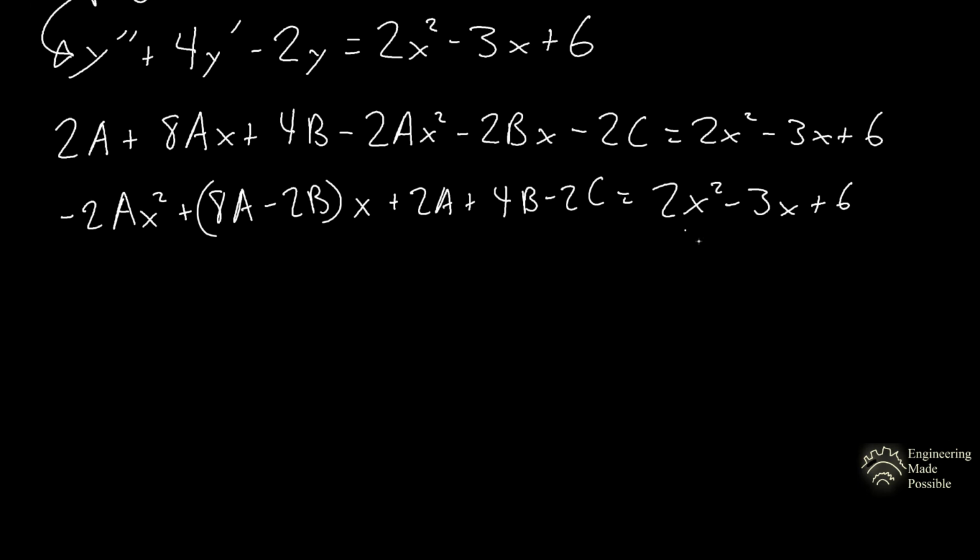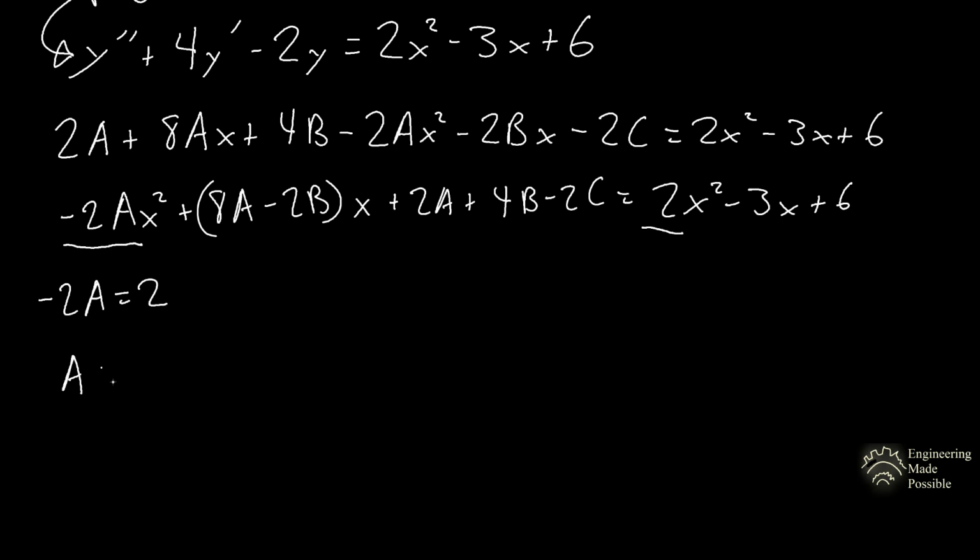So these are your constants. Now, since this is equal to 2x squared take away 3x plus 6, you see that the coefficient of x squared here and this are equal to each other, right? Since we're solving for the variables a, b, and c, negative 2a is going to be equal to the coefficient of the x squared on the other side. So negative 2a is equal to 2, and you just solve for a.